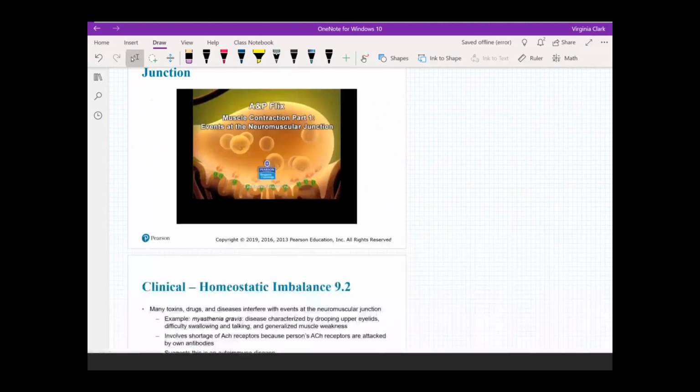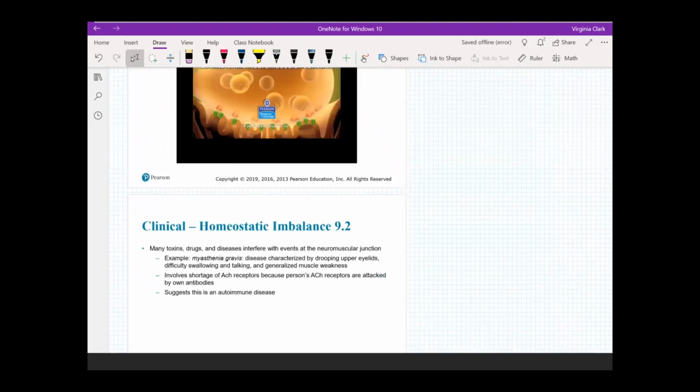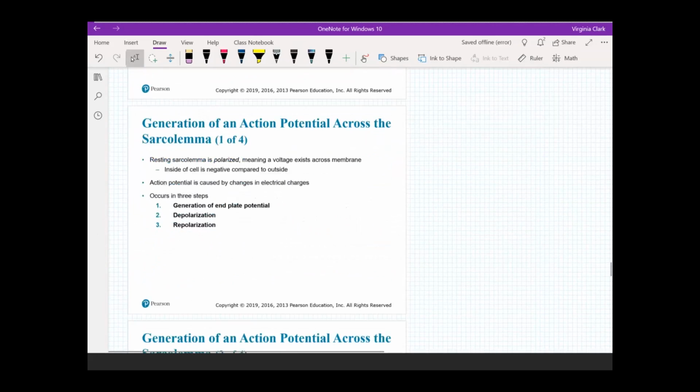So that's the first step, the events at the neuromuscular junction. Okay, this second event we're going to talk about is part B. After we get the action potential down our axon and we have our neuromuscular junction, now we're actually going to have an action potential down the sarcolemma.